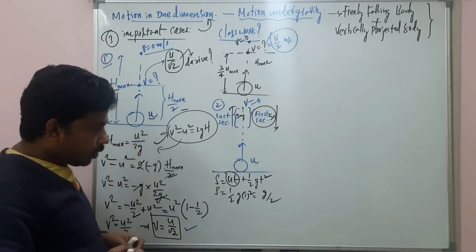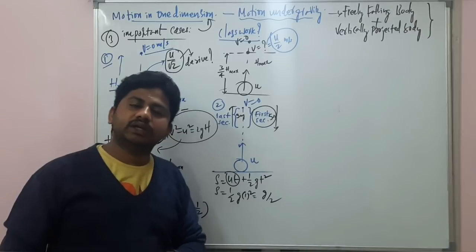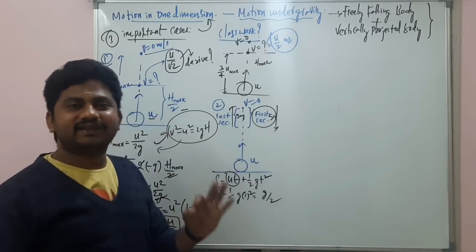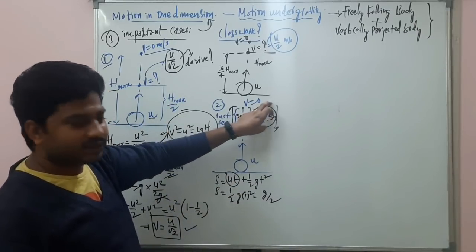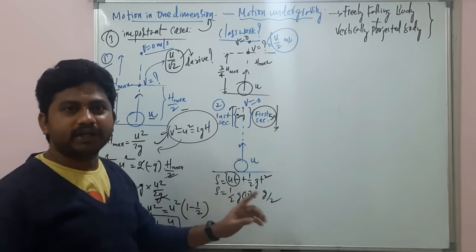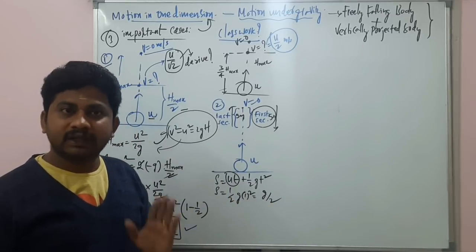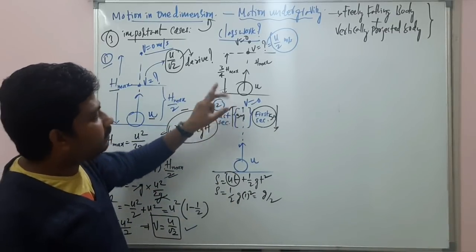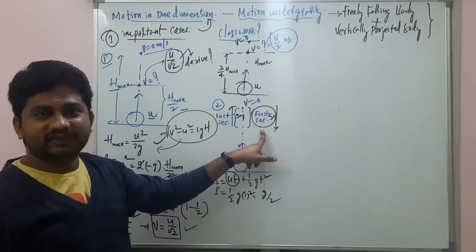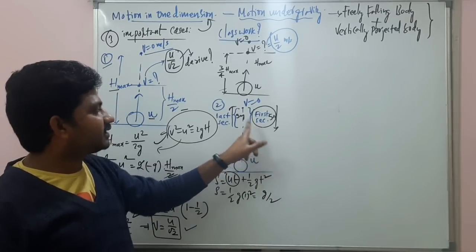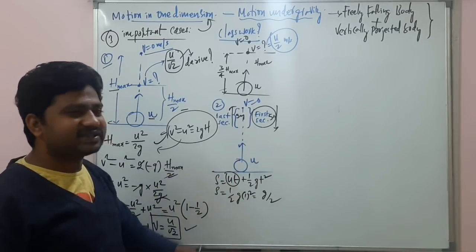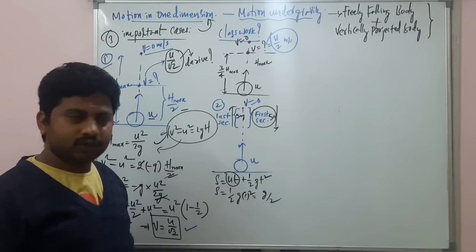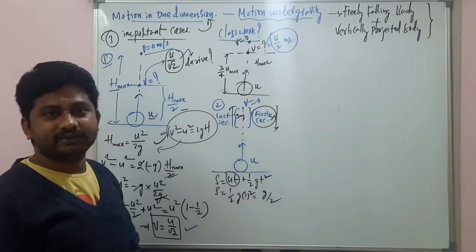Remember, whatever may be the freely falling case, the distance traveled in the first second is equal to g by 2. Okay, clear? So the distance traveled in the last second will be equal to the distance traveled in the first second. Obviously, the distance traveled in the last second also will be the same, right? Clear? So that's it. This is another important case.